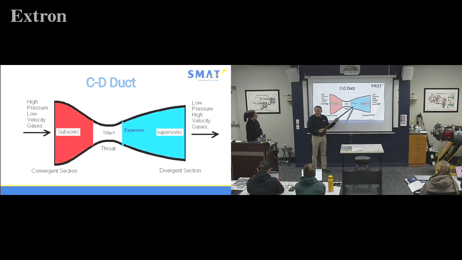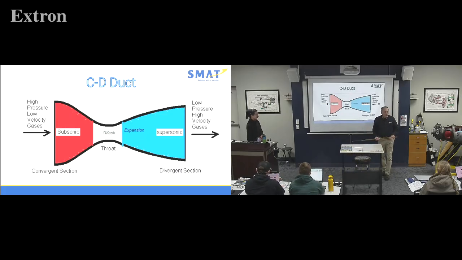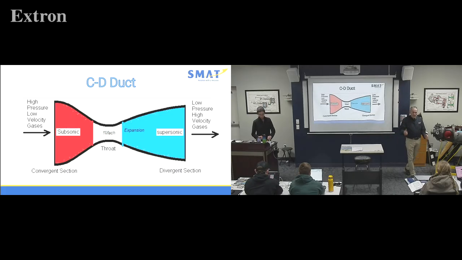supersonic velocities, everything is flipped. You get an increase of velocity, and you get a decrease of pressure. So supersonic airflow, it's flipped.